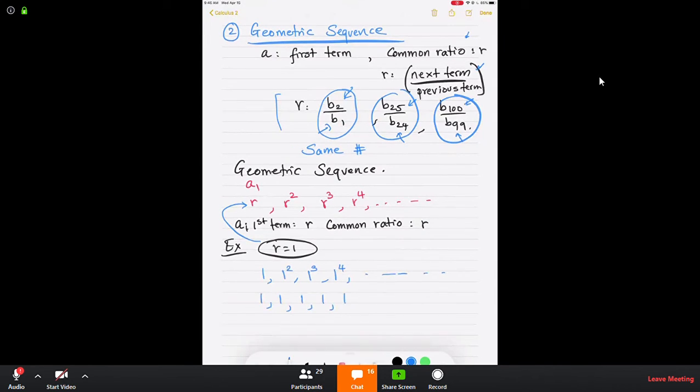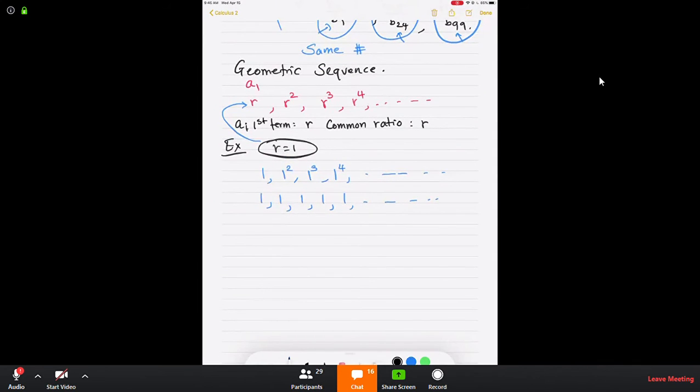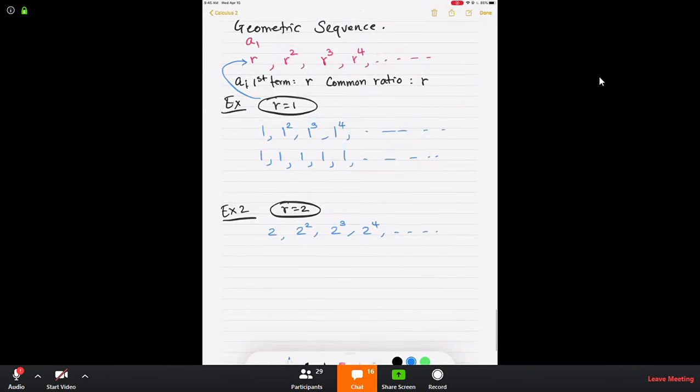Leave some space there, because we are going to come back to this. If r equals 2, now what does it look like? It's the same: 2, 2 squared, 2 cubed, 2 to the 4th, and so on.